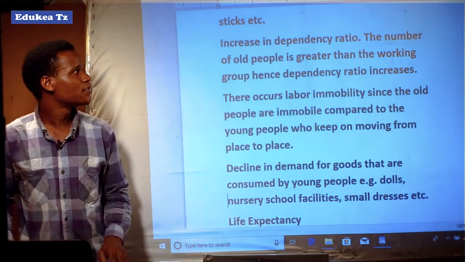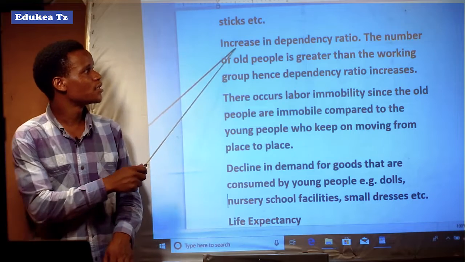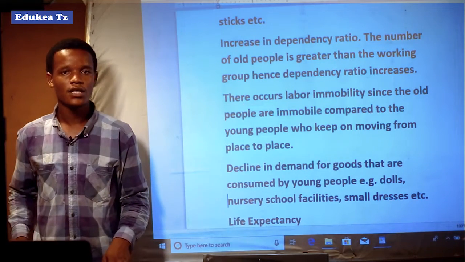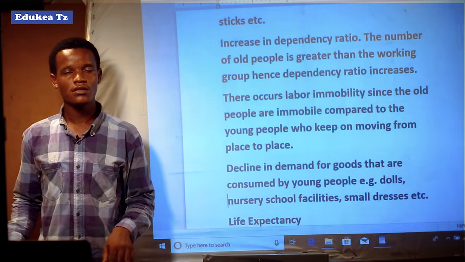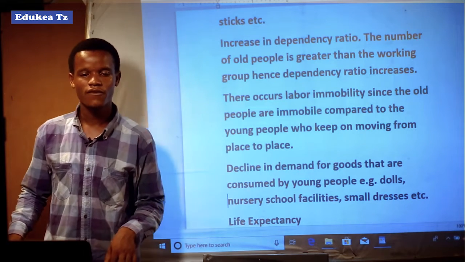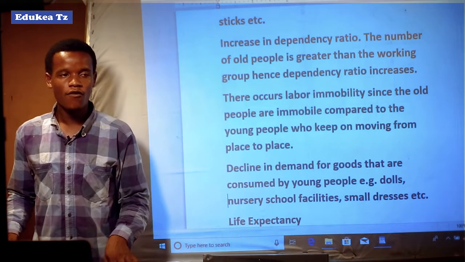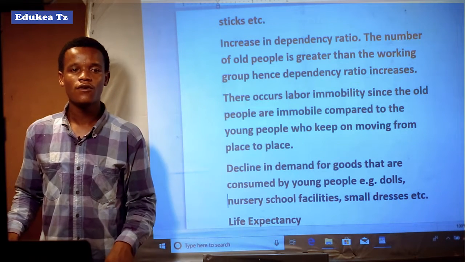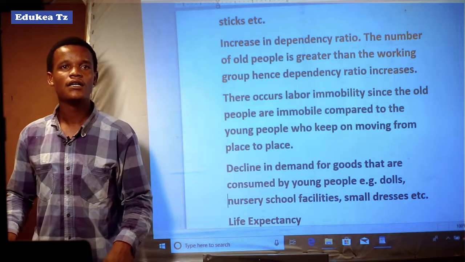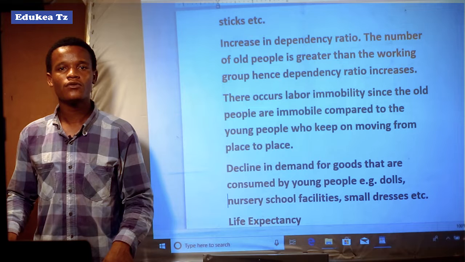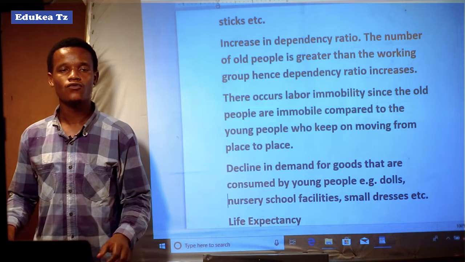Another consequence related to the aging population is an increase in dependency ratio. This is due to the fact that if the number of people aged 64 and above is high, the ratio of dependence tends to be high, because those people do not have the power to produce.